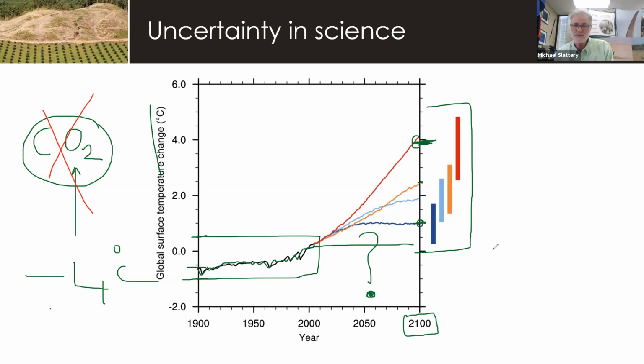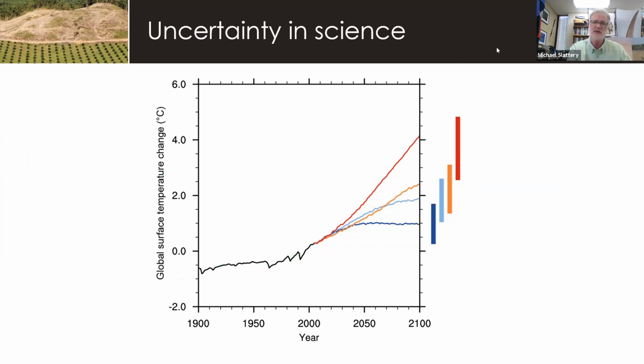We try and minimize it. We try and narrow this down, reduce this uncertainty to come up with a target that is much more certain. But sometimes we can't. Sometimes, as we say nowadays, it is what it is. There is uncertainty in the way in which the atmosphere works.